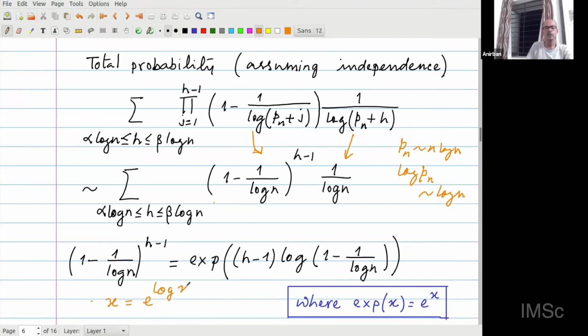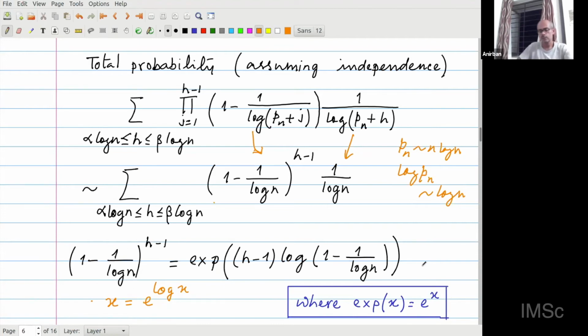It's not just a fancy way of writing, it's actually useful. So if this is x, then I write it as exponential of logarithm of x. Writing this large thing on top of the exponential is difficult, so I use the notation exp of x, which stands for e to the x. So if I take the exponential of the logarithm of this whole thing, the logarithm is H minus 1 times the log of this one.